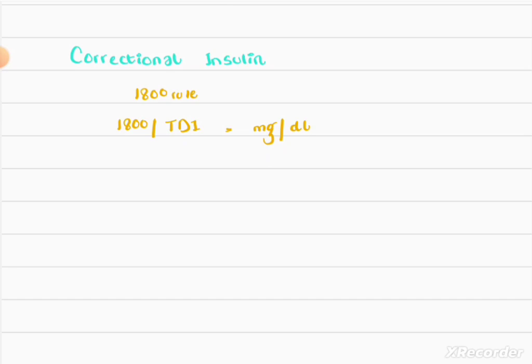For example, if the TDI of a patient is 30, we will divide 1800 by 30, and the answer is 60, which means that 1 unit of insulin will lower the blood glucose level of this patient by 60 milligram per deciliter.